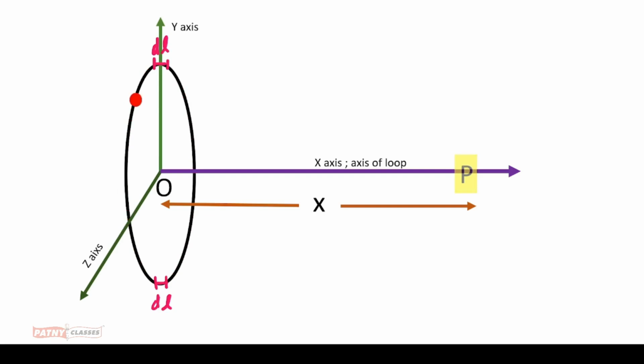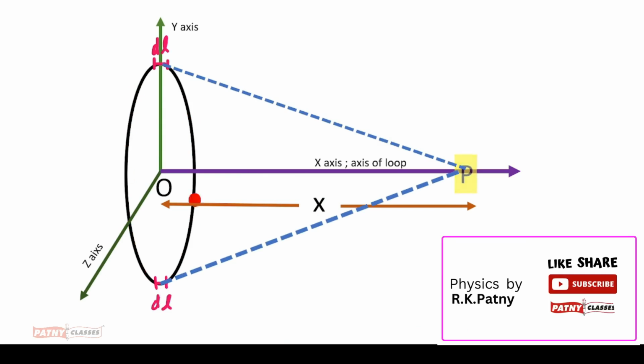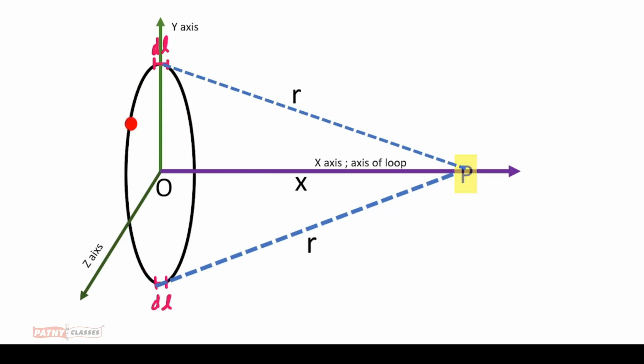Now we will join dl and P. The distance between the small element dl and the point P is equal to r in both cases.